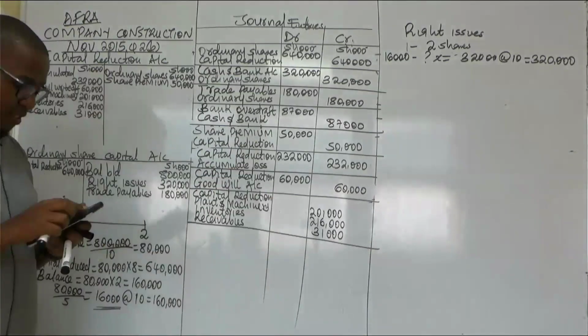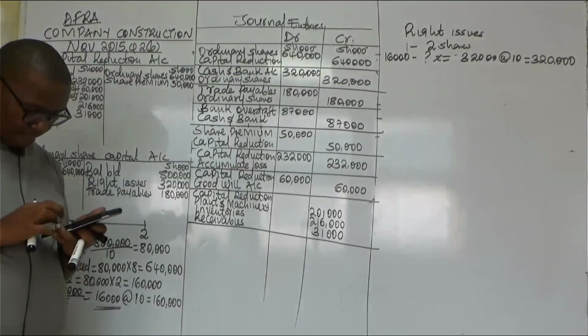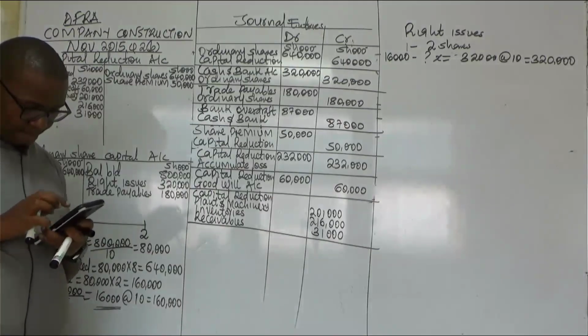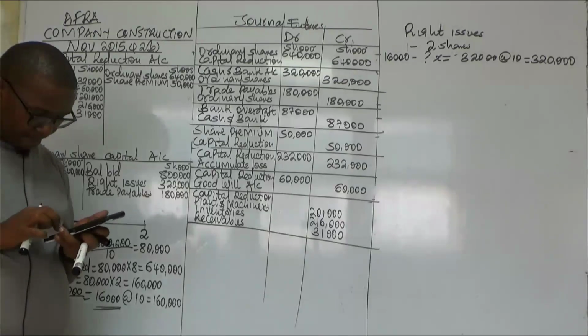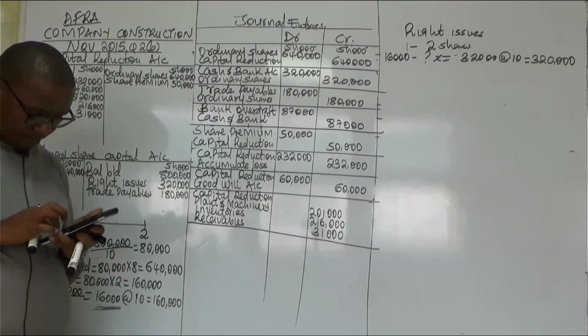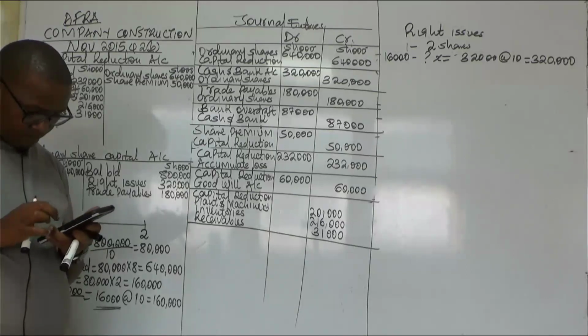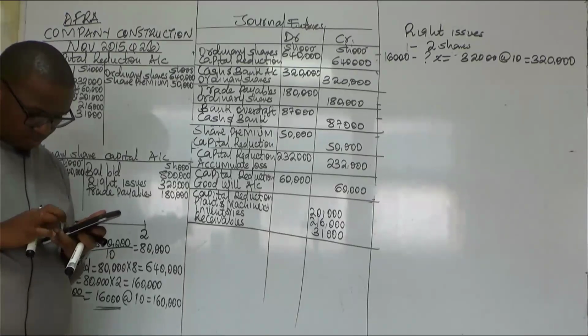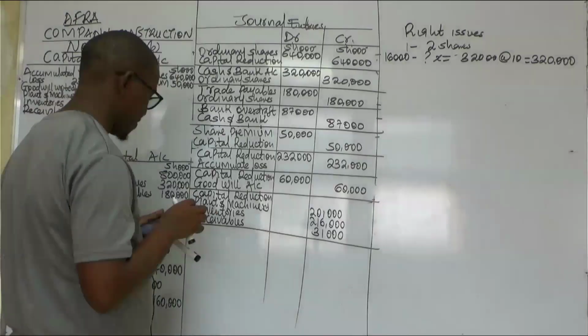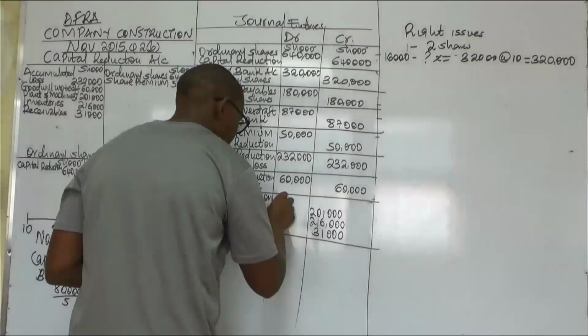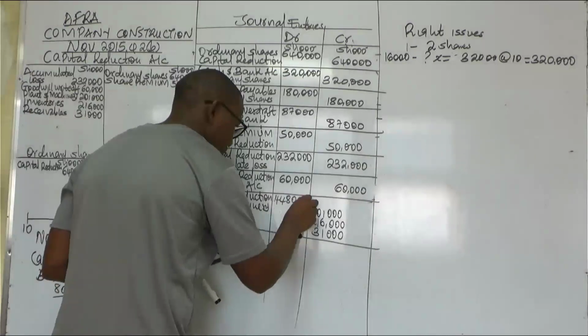So what I'll debit here is the capital reduction. Total ni ngapi? 448. That. Tuendelee.